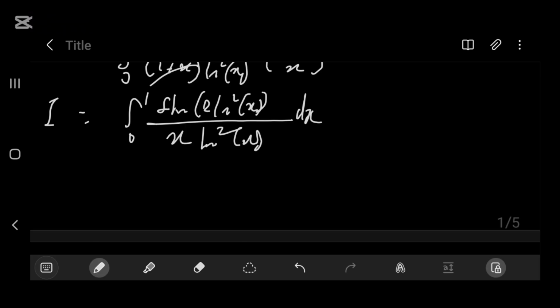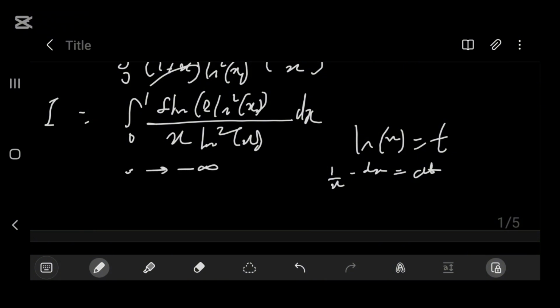Okay, cool. So now let's take the substitution ln x equals t. Differentiating both sides with respect to x, we get 1 over x dx equals dt. The boundaries become minus infinity when x is 0, and 0 when x is 1.